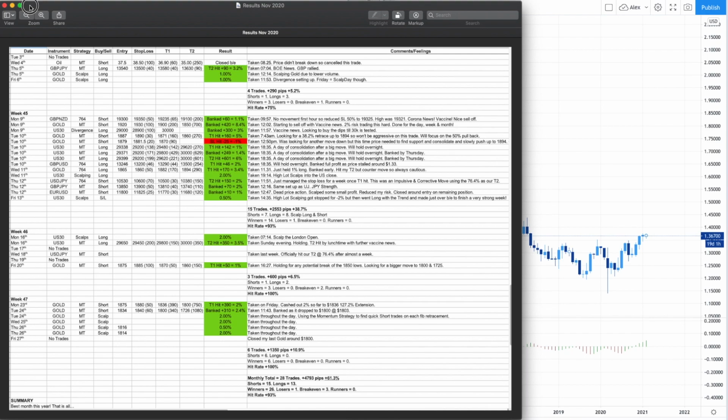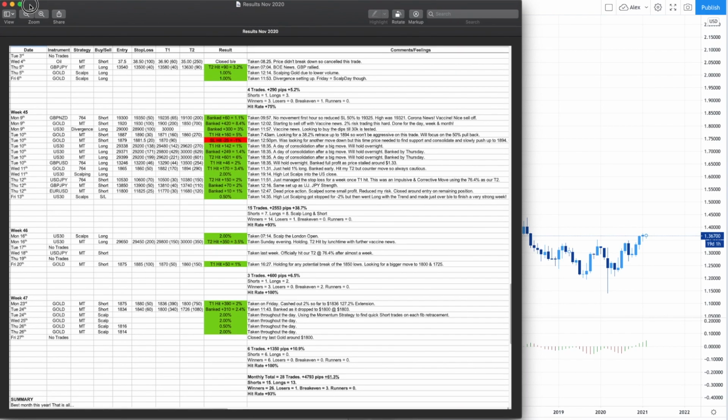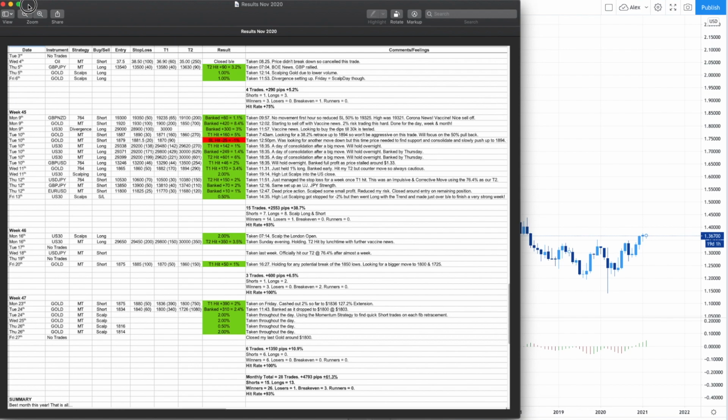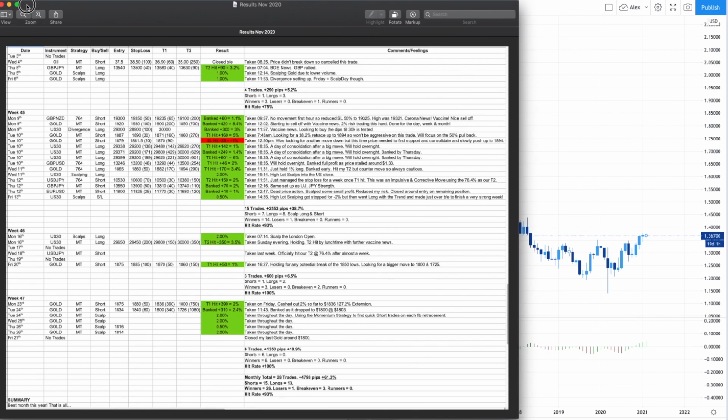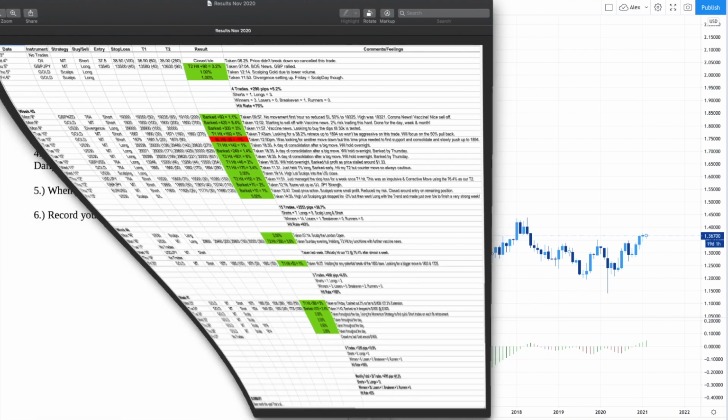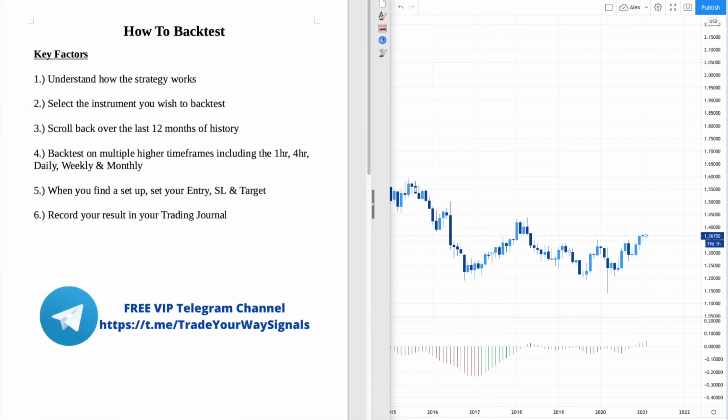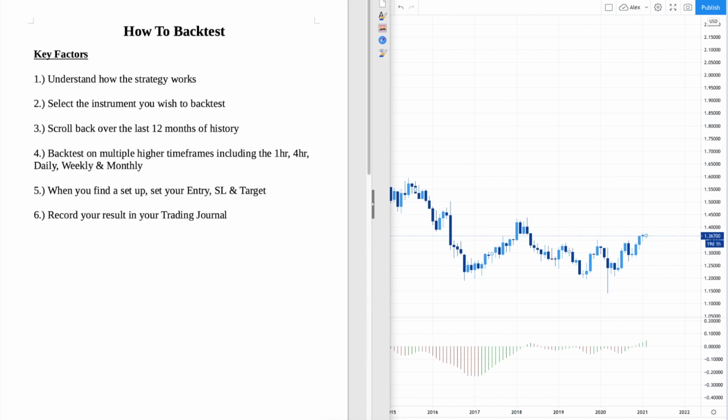I had my best ever month, and that was because of situations going on in the world to do with COVID and whatnot. It just presented volatility and volume which I was able to exploit and capitalise on. So hopefully that gives you some idea of what a trade journal looks like. Again, I can go into detail with that. I can provide you a link which is in my Box, and I'll put it at the bottom in the details of the video. So let's crack on with this.